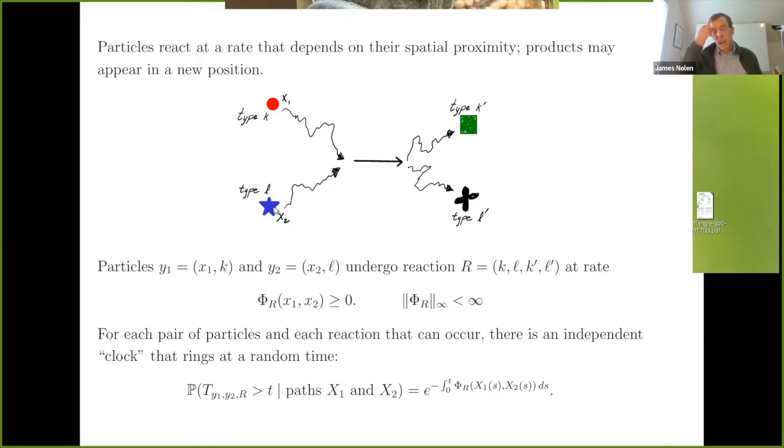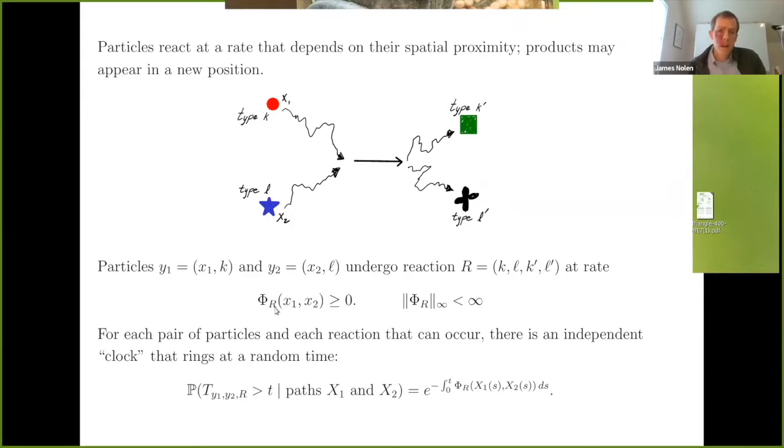Right? And we could say that when they react, the new particles appear at a different location. That would involve another kernel. But for simplicity, we'll just say that when they react, the two input particles just change type to the output particles. So you can think of this reaction kernel as something that's localized, approximating the identity, the delta.